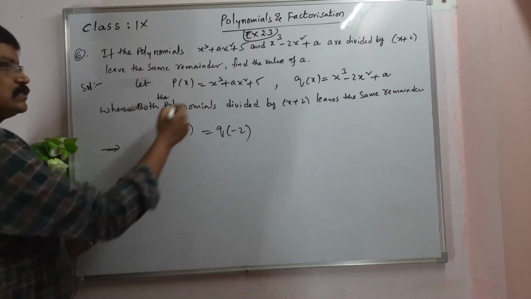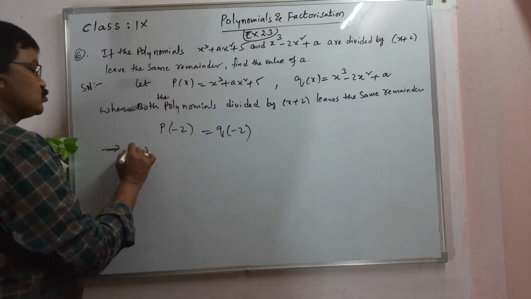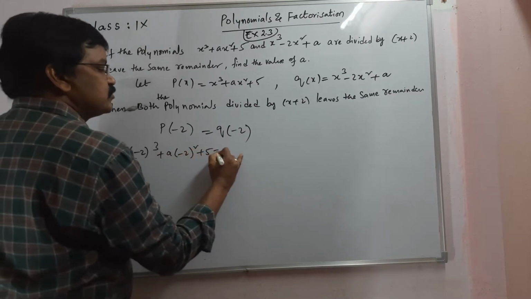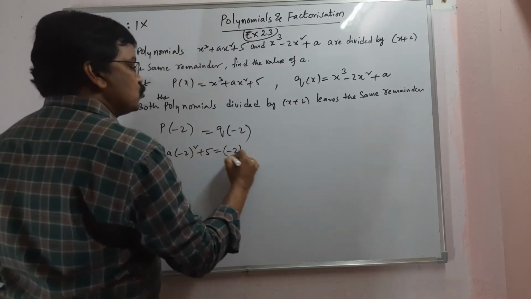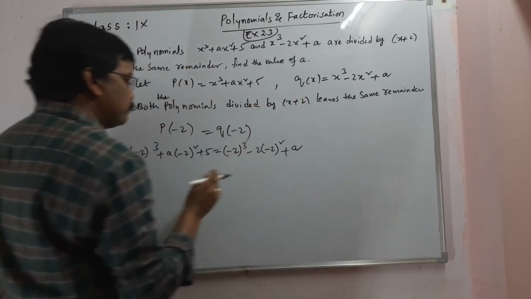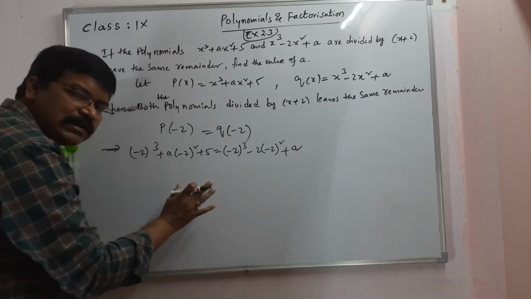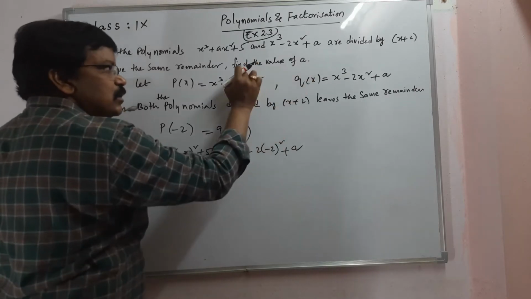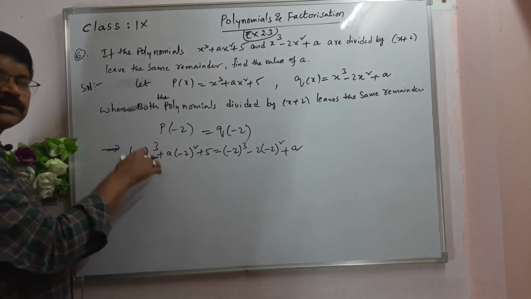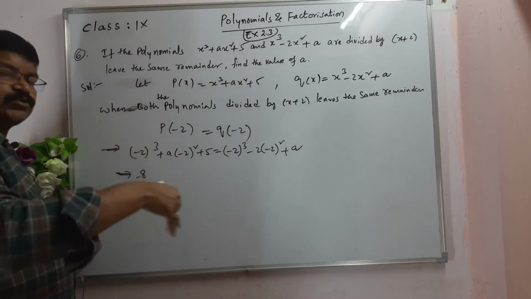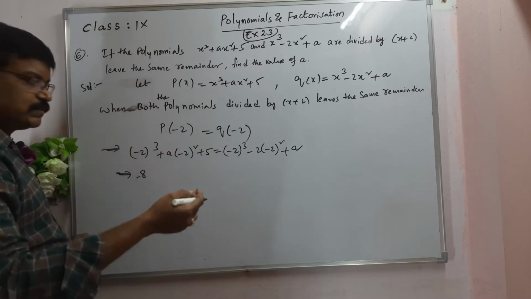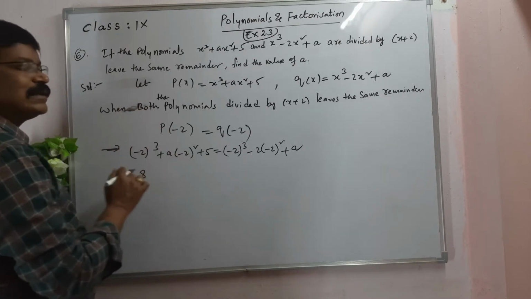So this implies, just substitute here: minus 2 whole cube plus a times minus 2 whole square plus 5 is equal to minus 2 whole cube minus 2 times minus 2 whole square plus a. Both are remainders, they are equal, it is given in the statement. So this is minus 8, because minus 2 into minus 2 into minus 2: minus into minus is plus, plus into minus is minus. 2 2s are 4, 4 2s are 8, that is minus 8.